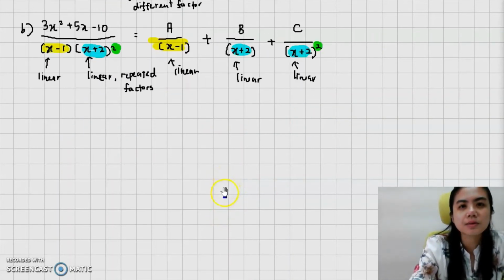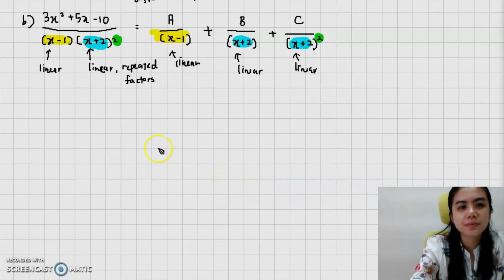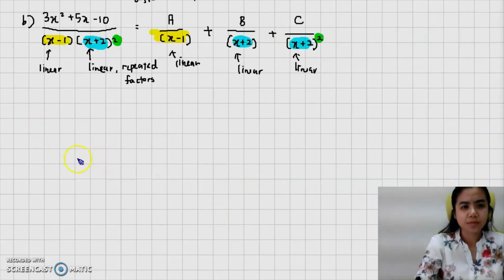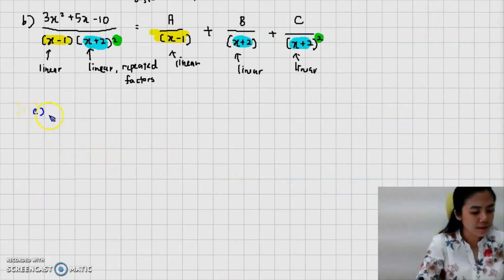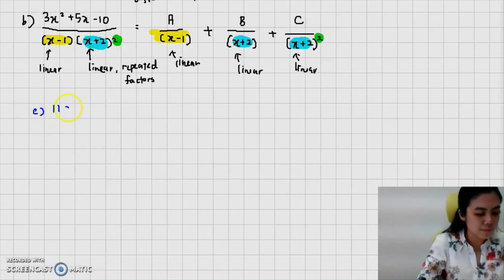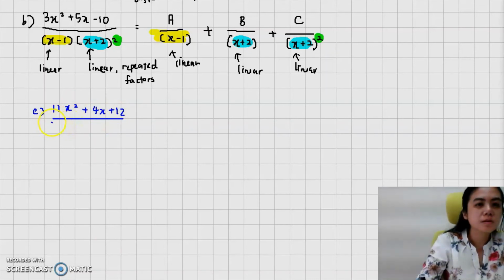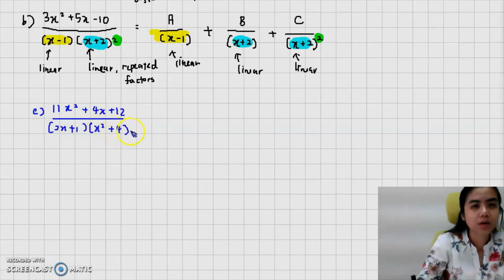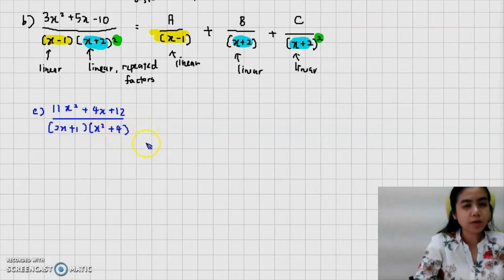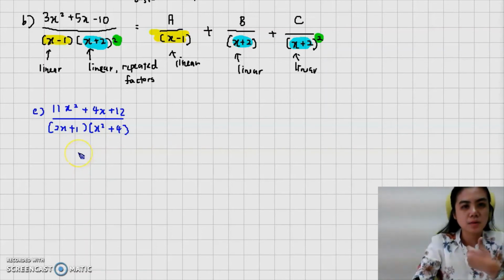Alright, example C. Let's look at the example C that we have here. What we have here is a linear and a quadratic.